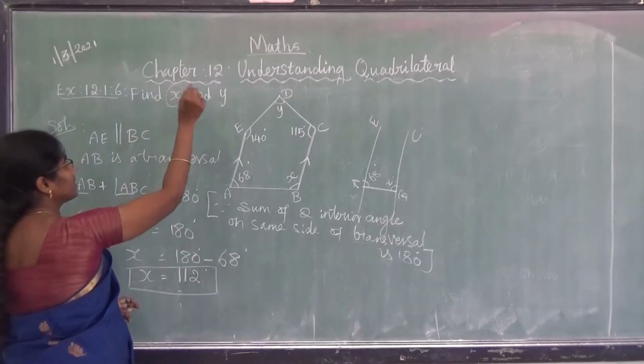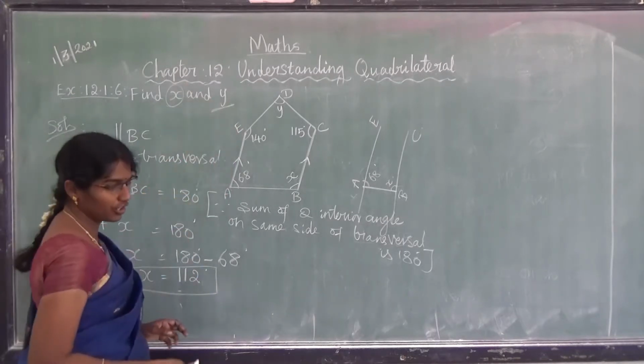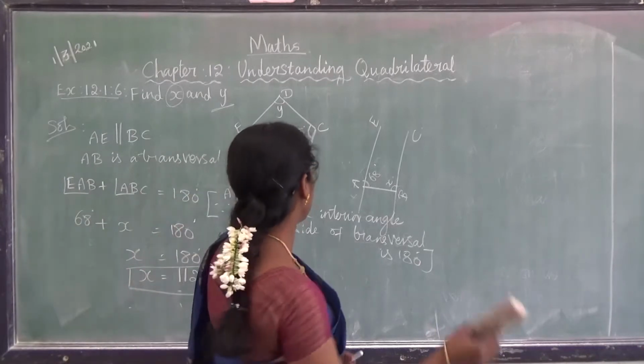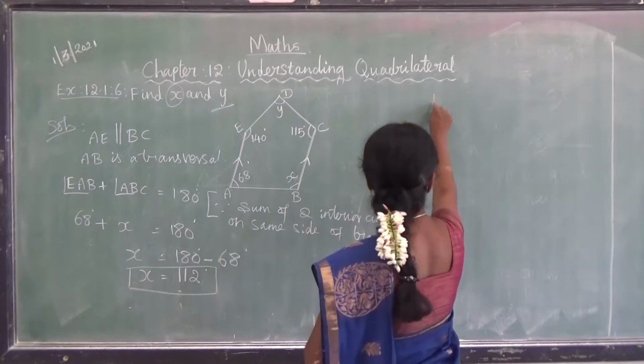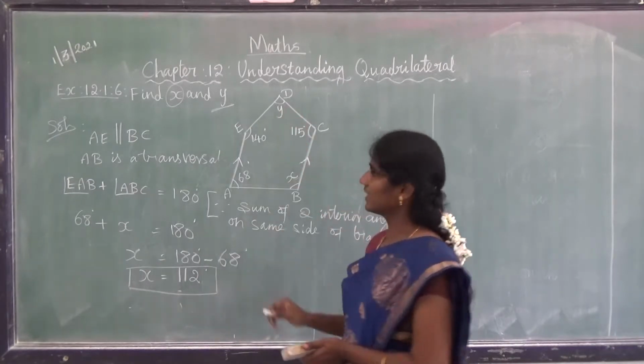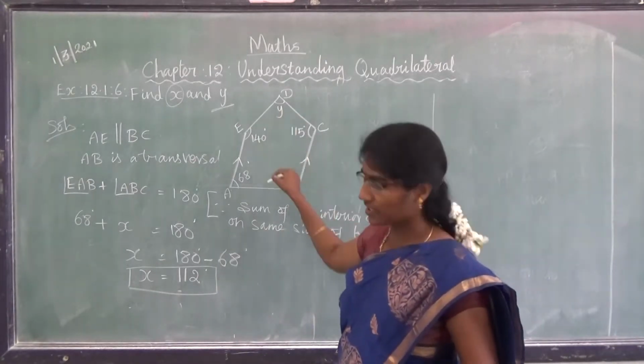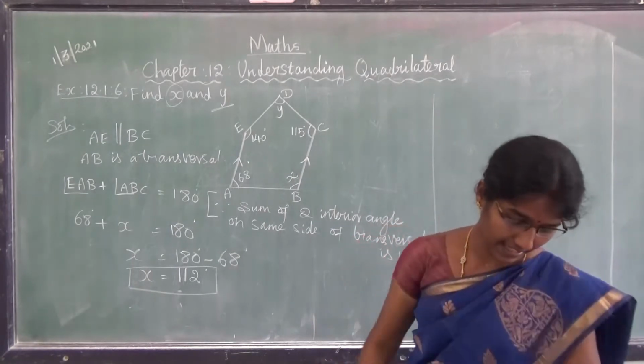Now that we found x, the next step is to find the value of y. How to find the value of y? y is also an interior angle. All these angles given in the diagram are interior angles.